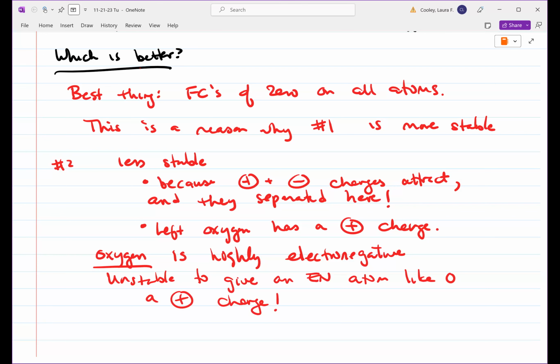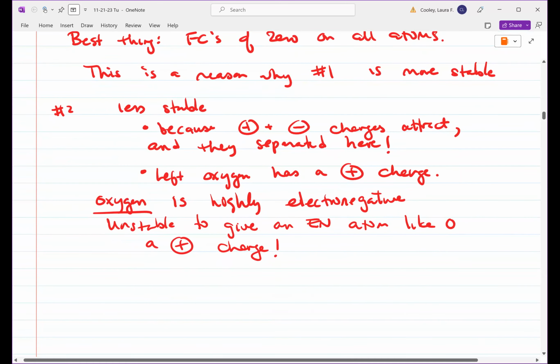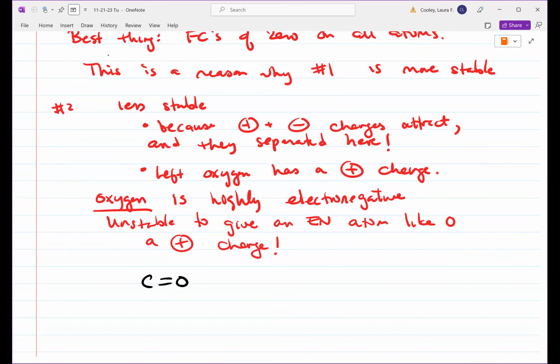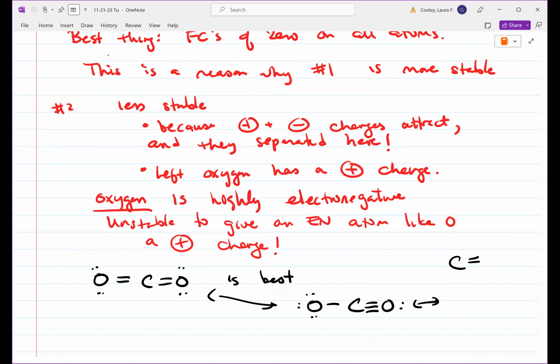Okay, so for that reason, the much better Lewis structure is the one that has the 2 sets of double bonds. This is the best. And these others, both of them like this, these are resonance forms, true, but they are much more minor.